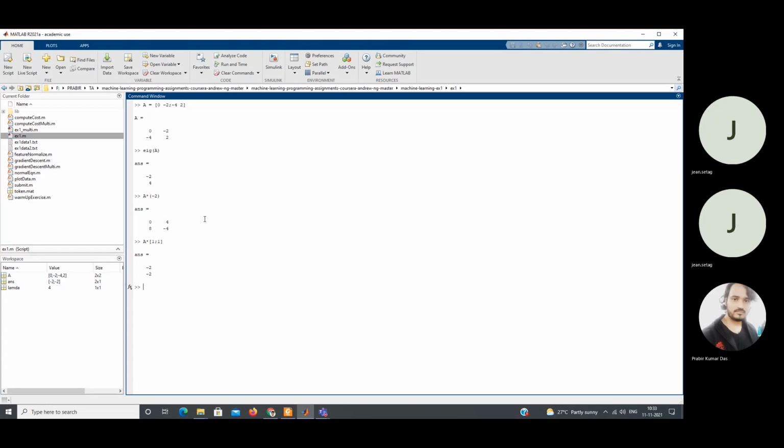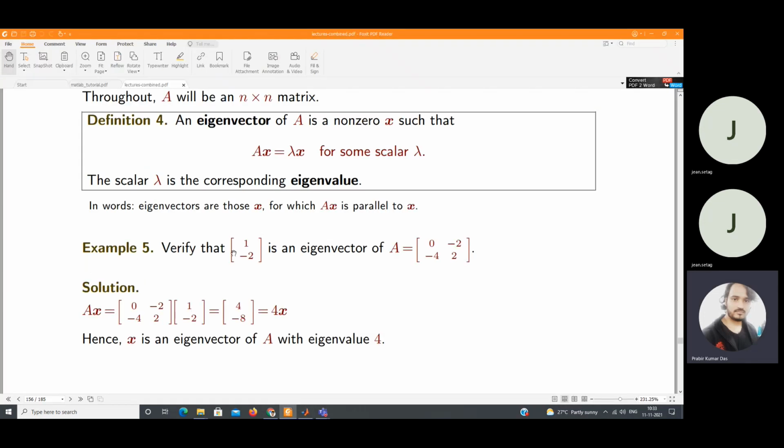I'm getting it as 2 into 1 and -2 in the matrix, sir. Tell me, what is the matrix? What is the vector? You should get this kind of vector. Yes, sir, 1 and -2. No, 1 and -2 is for 4. For eigenvalue 4, it will be 1 and -2.